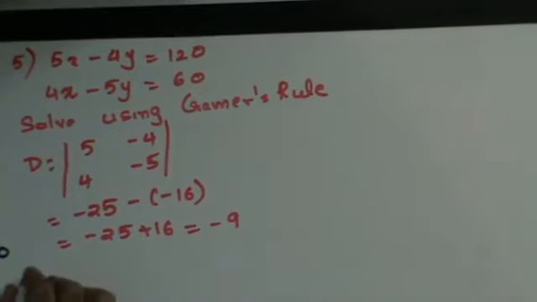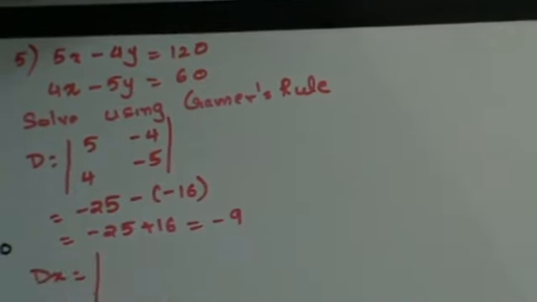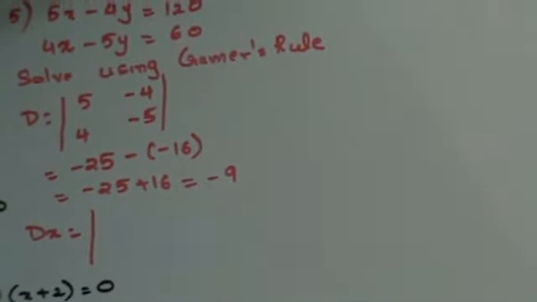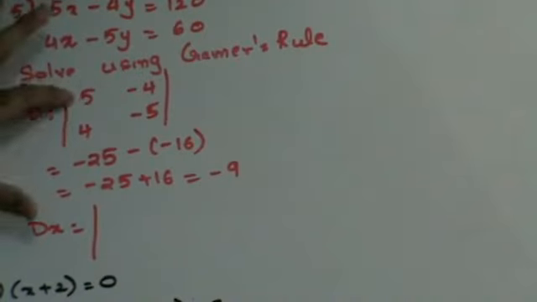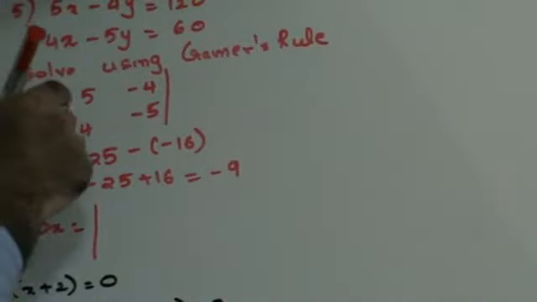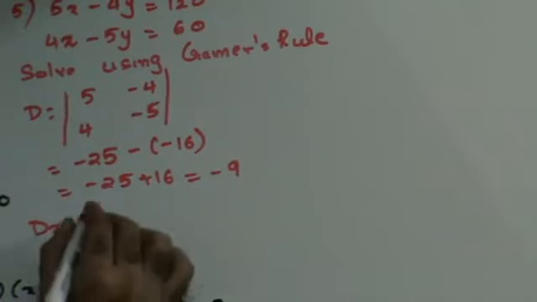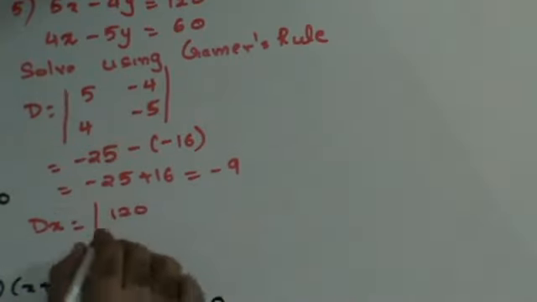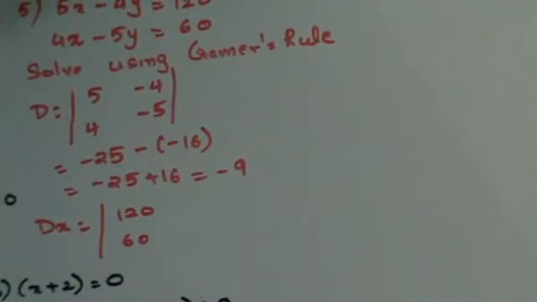Then you have to find out dx. How do I find out dx? Replace the column containing the coefficients of x with the right hand side. So whatever were the numbers with x, replace that particular column with the right hand side. So instead of 5 and 4, I'll write 120 and 60.